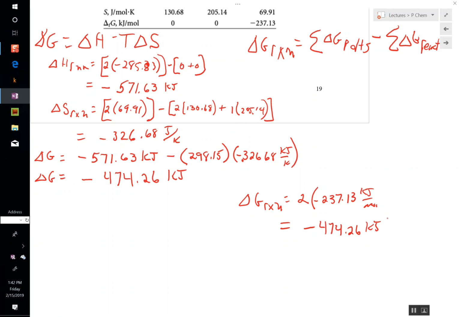The table I gave you on the exam had the delta H's, it had the entropies, and I believe it also had the delta G's. And there may be one other thing on there as well.